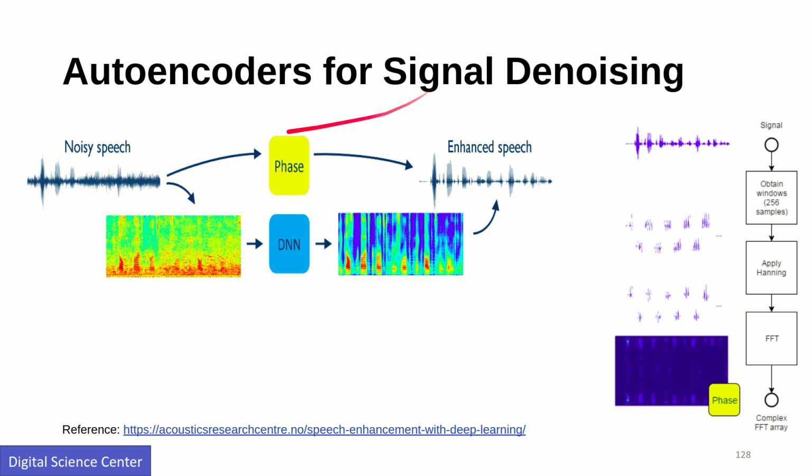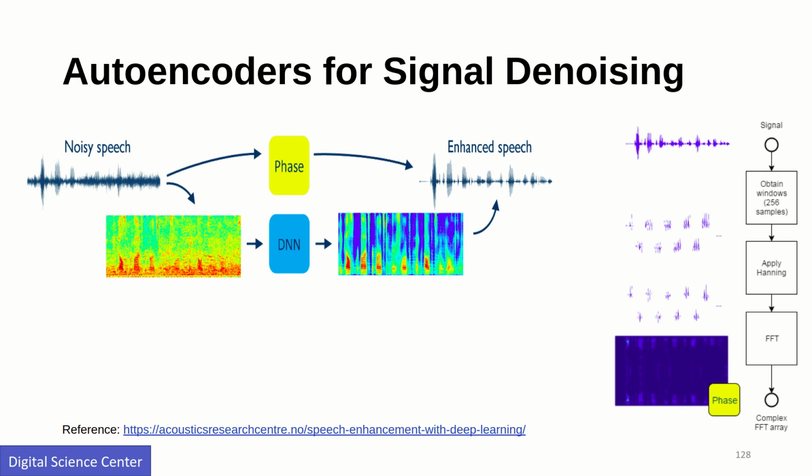This is an example where signal denoising is done. You have a speech and you have noise included there. The DNN tries to understand what's going on here, and it tries to remove the noise and create the original signal. This is one of the mostly understood applications of autoencoders, removing noise from an audio signal.